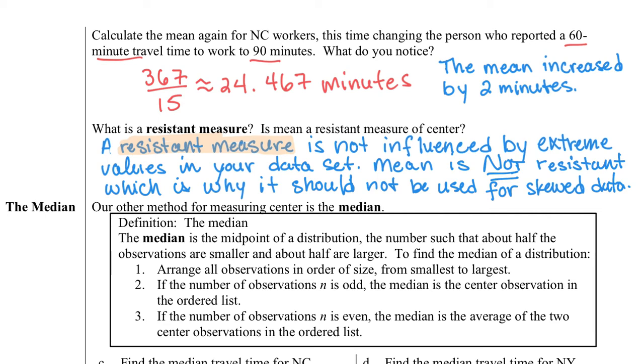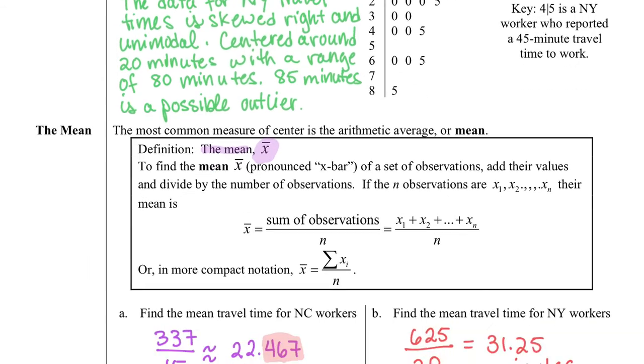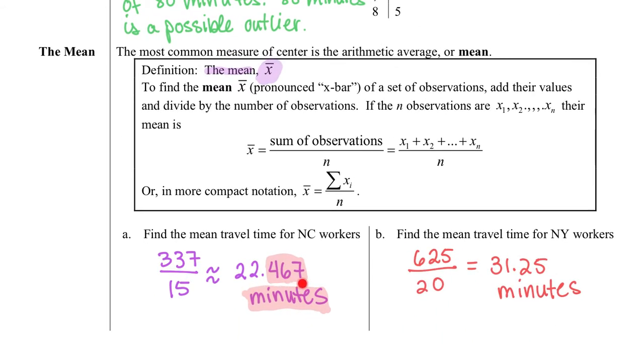I'm going to go back for a moment. I had originally said that my center was around 10 to 20 minutes, but if we look at my mean, it's around 22 minutes, so that's much higher than 10 to 20 minutes.